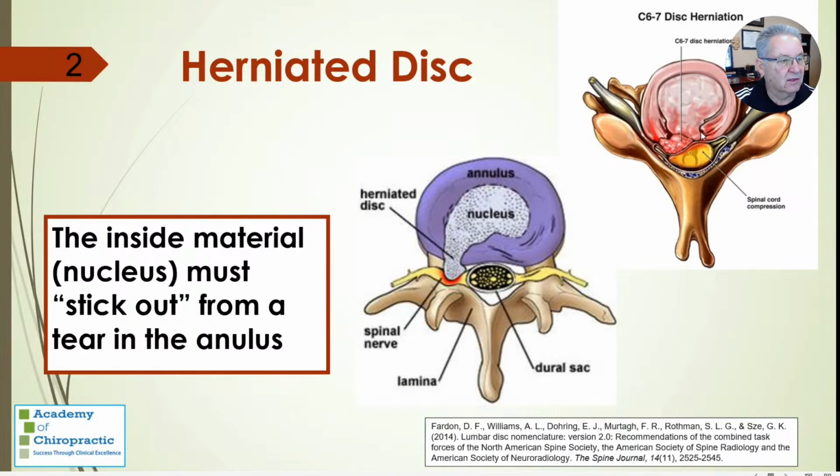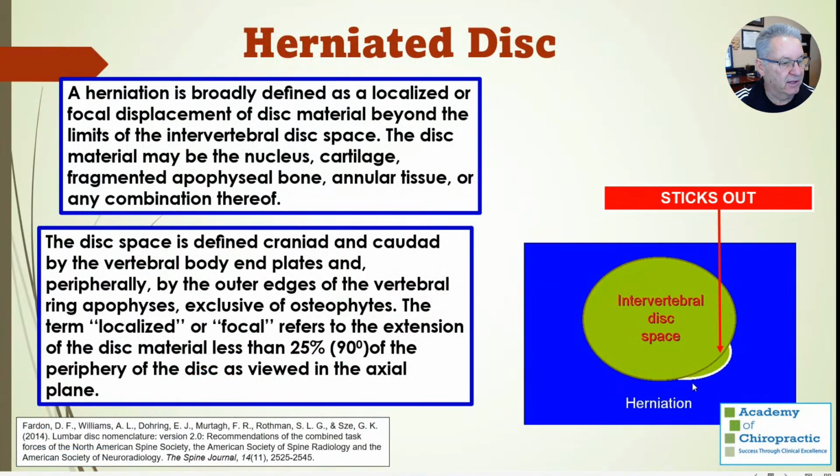When there's a tear or rent in the annulus, the nucleus goes out and it goes beyond the vertebral end plates. So anytime it sticks out, that's a herniation. And it's defined as a localized or focal displacement of disc material beyond the limits of the intervertebral disc space.